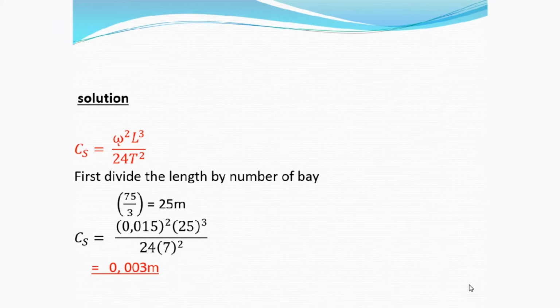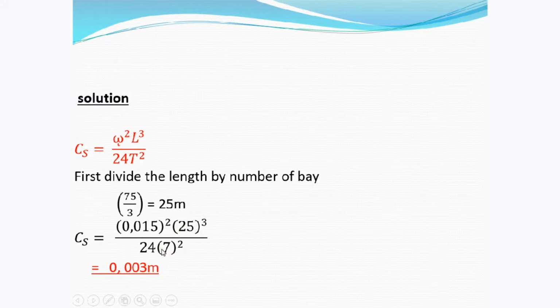Okay, so the first thing when you are given this kind of question, you first need to look at the number of bays. We were told that the measurement was done in 3 equal bays. So first we need to divide the given length, which is 75, by the number of bays, so that we'll know the length for 1 bay.